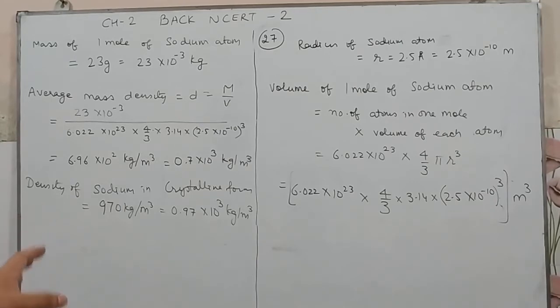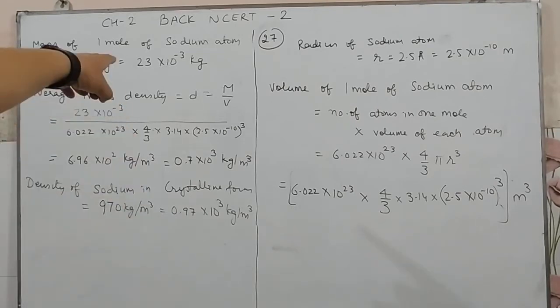And in the end, they have asked in the question why the range is so. We'll write here that it is so because in solid phase atoms are tightly packed. That is why the atomic mass density that we have calculated is close to the mass density of the solid.